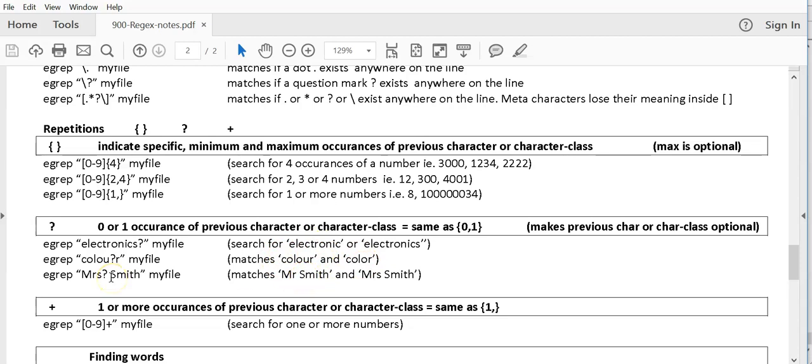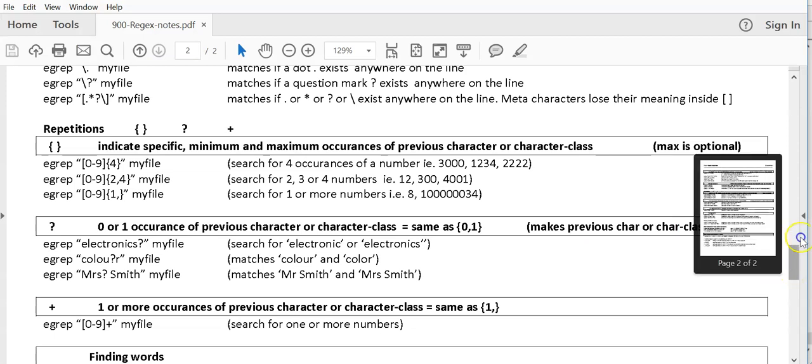So if I want to be able to catch both, I can put a question mark just after the U. And what that does is it'll act upon the U and make it optional, which means color will qualify with a U and color will qualify without a U. See how interesting that is?